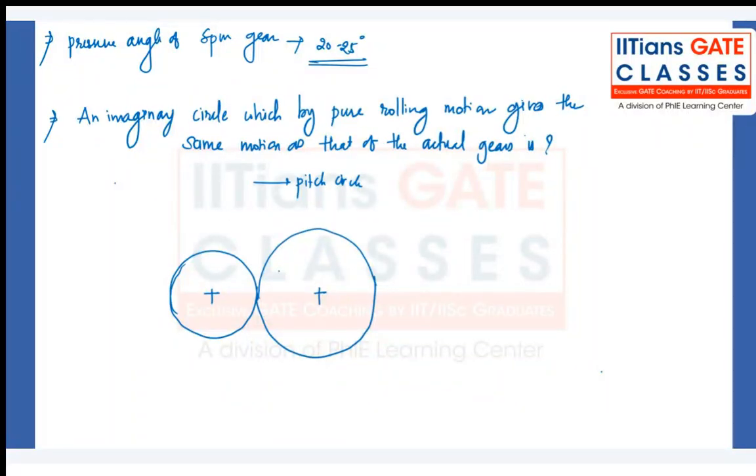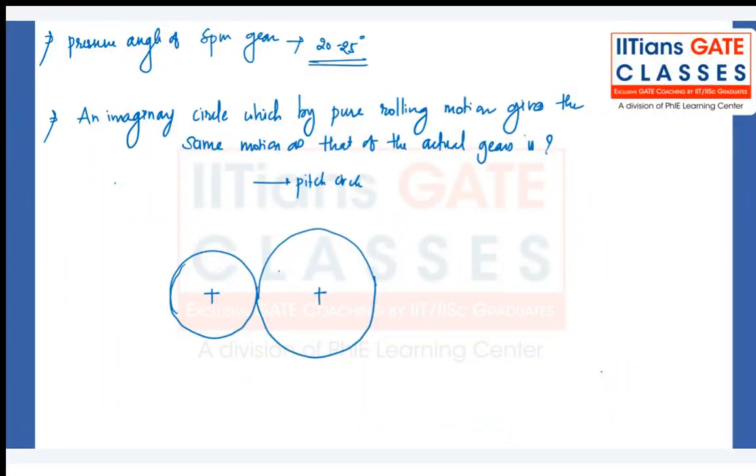Now, if I consider pure rolling motion between them without slipping, pure rolling motion means there is no slip between these two pitch cylinders, okay? And the cross section of it will be the pitch circles. So then basically there is no need to make the teeth. If there is pure rolling motion, then there is no need to keep the teeth in both pinion and gear, right? Or in this pair.